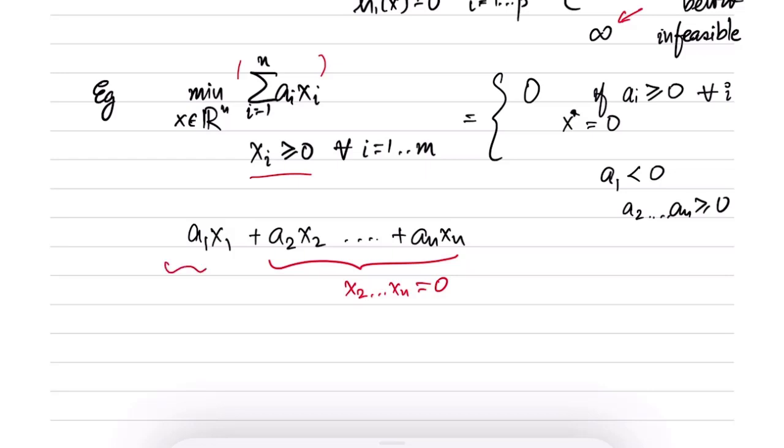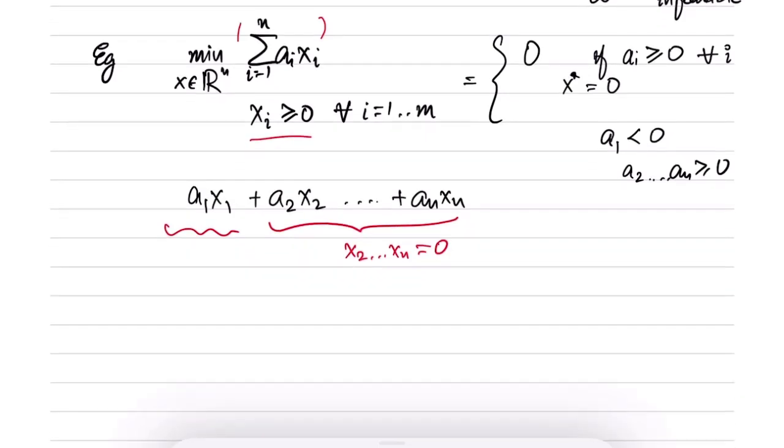But how do we minimize a1 x1 for x1 greater than or equal to 0 and a1 negative? You can see that if I take x1 to infinity, then this goes to minus infinity. As I take larger and larger values of x1, the objective function becomes smaller and smaller.